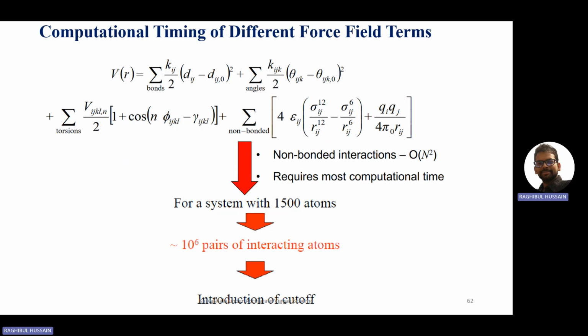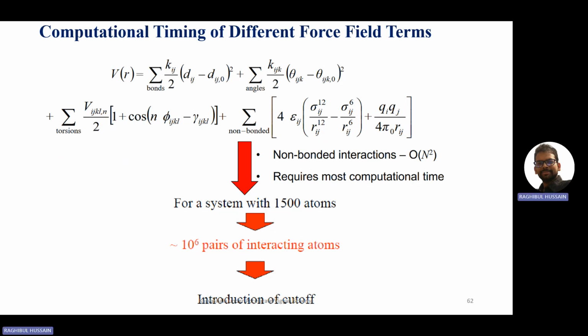Non-bonded interactions require most of the computational time, because bonded interactions only go up to 1-2, 1-3, or 1-4, but non-bonded interactions can go up to n times (n-1) divided by 2. So that can go hugely. The objective is to compute the non-bonded interactions in a faster manner.